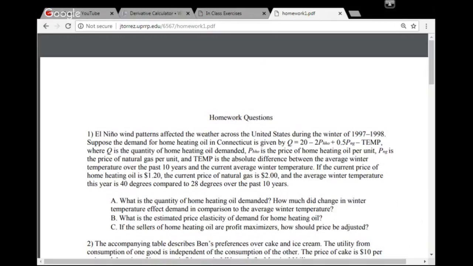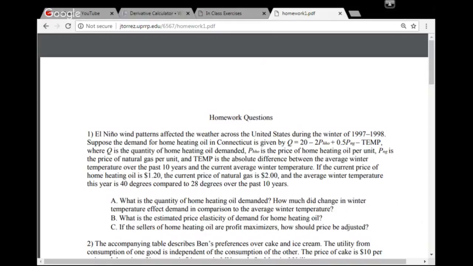Help me out here. Well, it's 2.4 over 6.6. That's not 1/3.